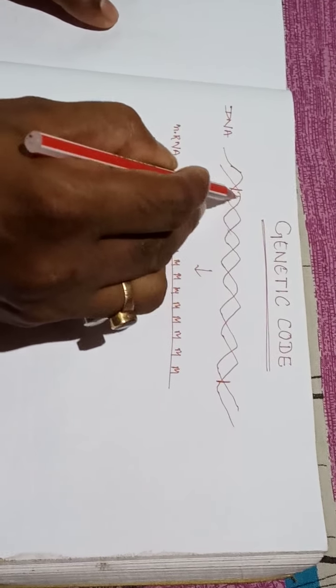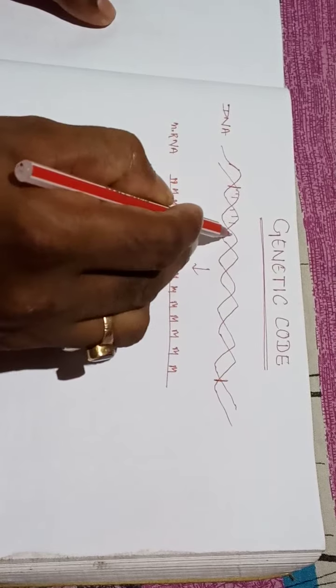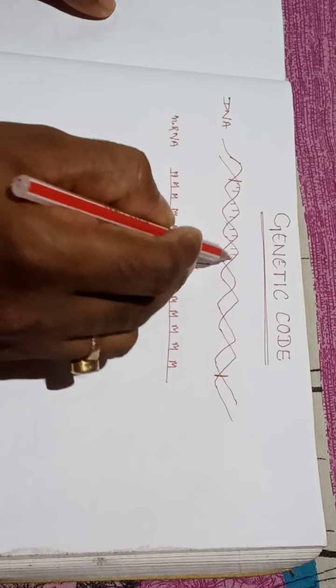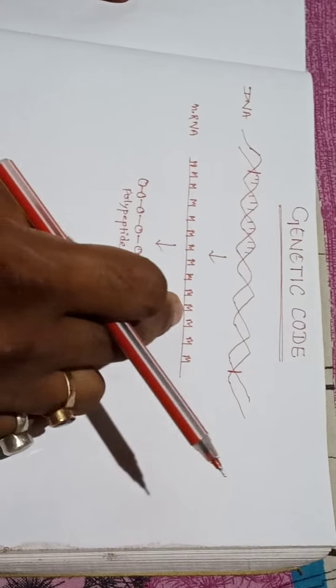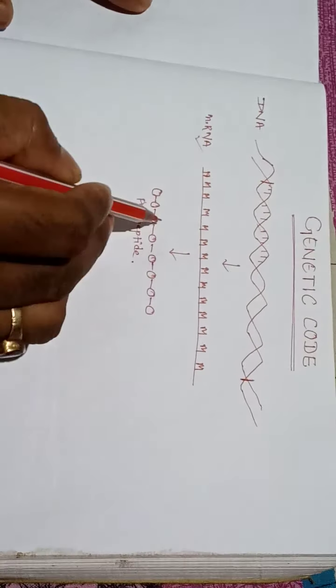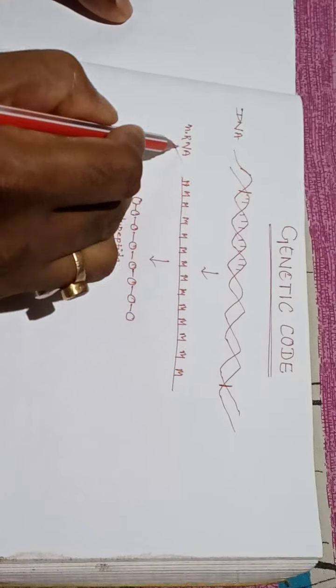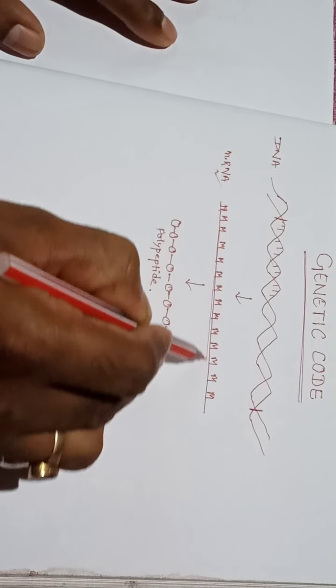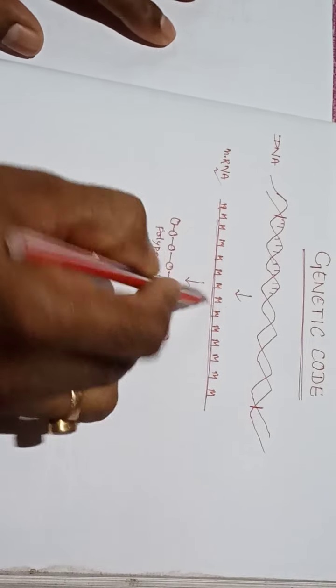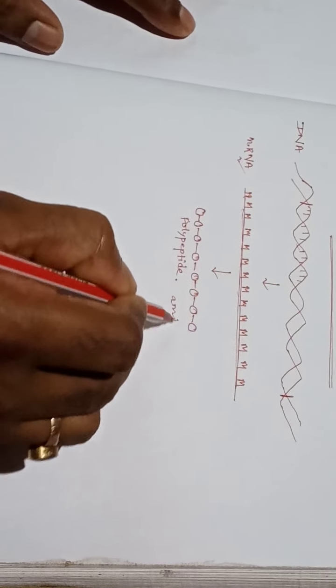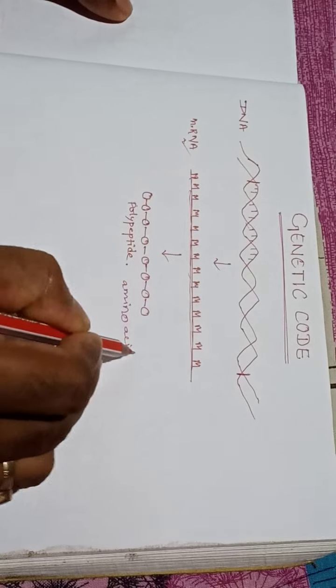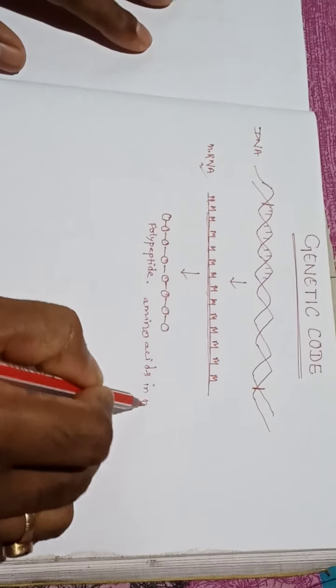The precise nucleotide sequence in the DNA is its information, and this information is carried by a special type of RNA called messenger RNA. The information present in this mRNA is converted to the sequence of amino acids in protein.